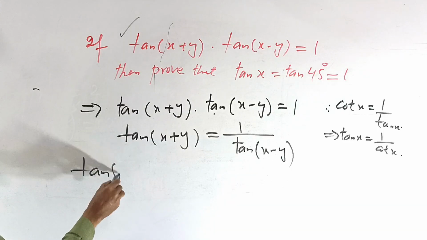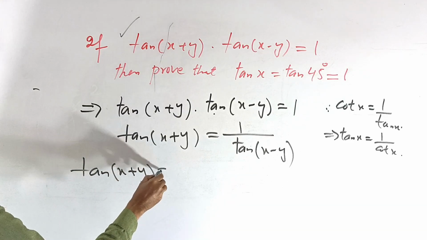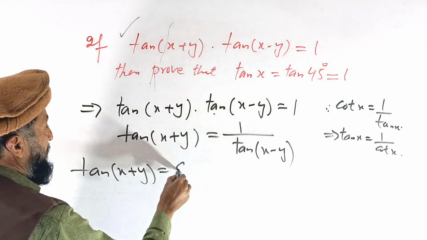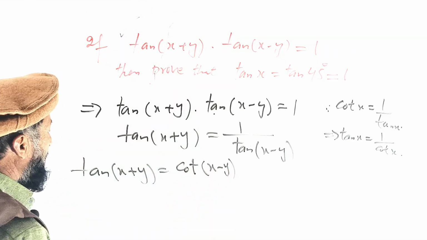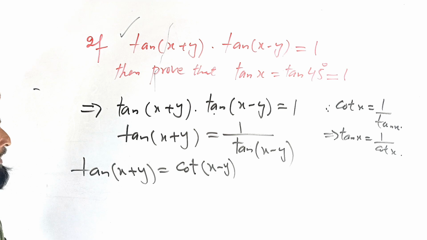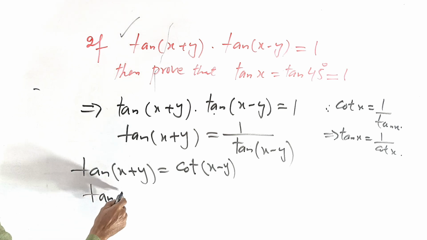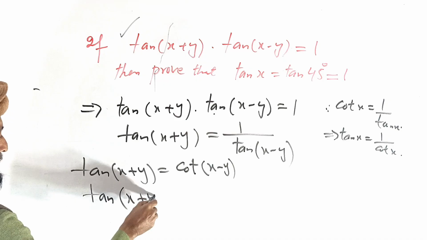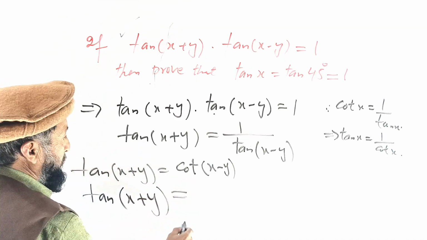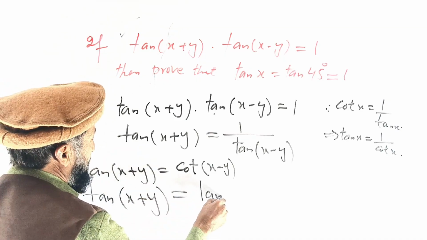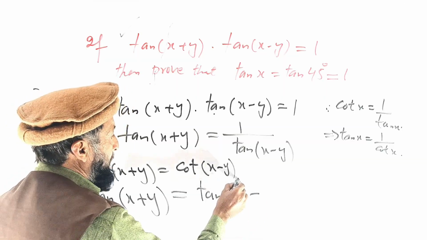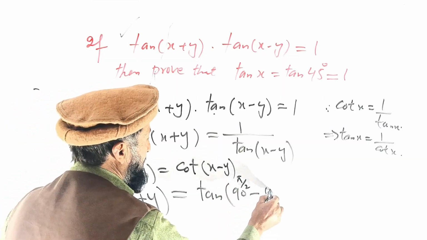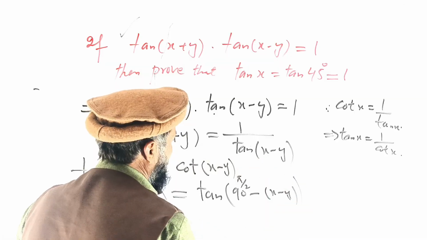Tangent (x plus y) is equal to, and here we change this one, cotangent (x minus y). Again, because tangent is required here, we change the cotangent into tangent using pi by 2, that is 90 degrees, minus (x minus y).